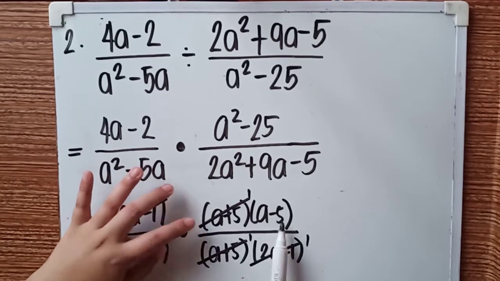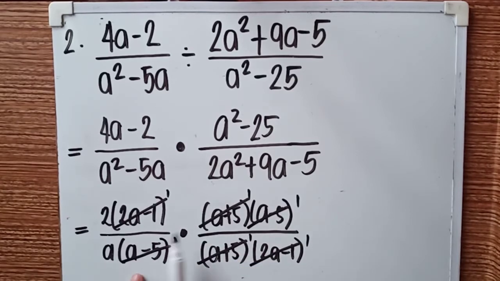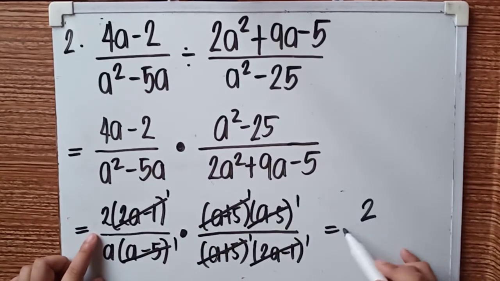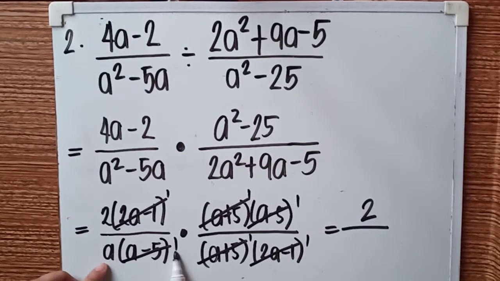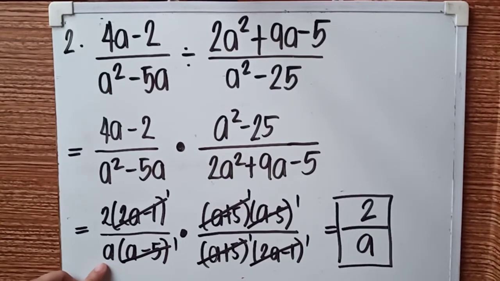And then a minus 5, ayun. Cancel din at magiging 1. Wala nang pwedeng i-cancel. Step 3, multiply the remaining expressions. 2 times 1 times 1 times 1 is 2 over a times 1 times 1 times 1 is a. This is the final answer.